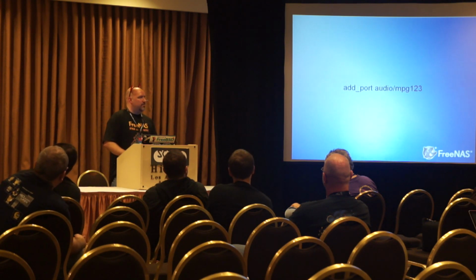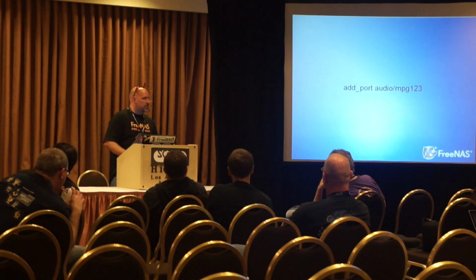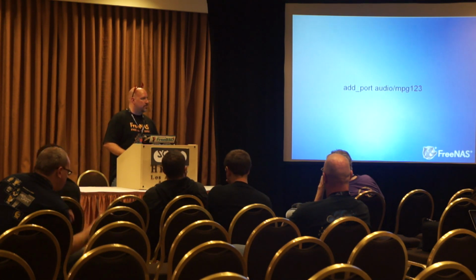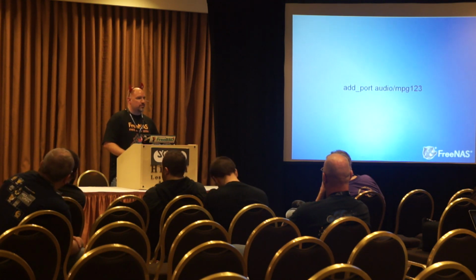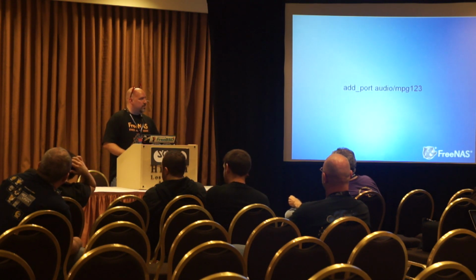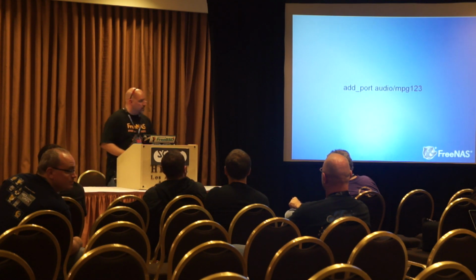We have about 200 something ports in FreeNAS, so if you look at that file, you'll see about 200 add port statements with the relative path of the port, as well as all the methods that are defined in there to customize FreeNAS. Here we're adding mpg123, an old school MP3 player that works from the command line, because you don't want to add a GUI to play it. We want to do it from the command line here.